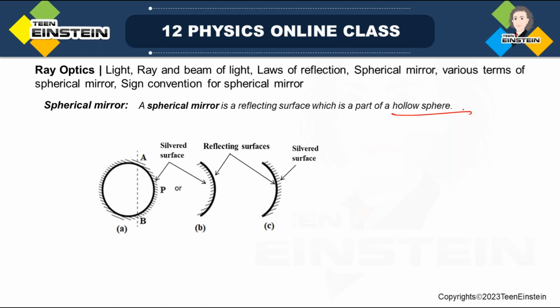See here in figure A, this is a hollow sphere, and suppose a plane passes through the hollow sphere so that it cuts a portion, as shown in B. If we cut a part of a hollow sphere, that will act as a spherical surface.